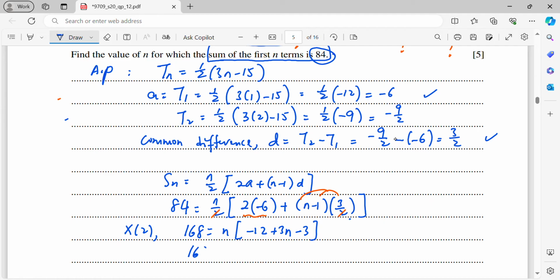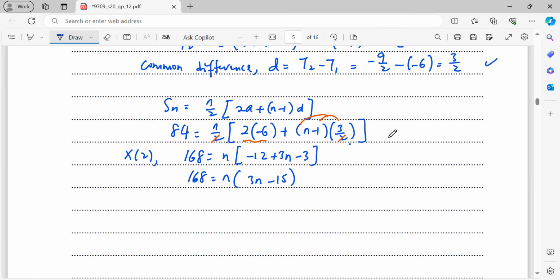So from here, 168 equals n times (3n minus 15). Then you can just multiply, so I will get 3n squared minus 15n. Then the 168 moves to the other side, and this whole equation can be divided by 3. I will get 0 equals n squared minus 5n.